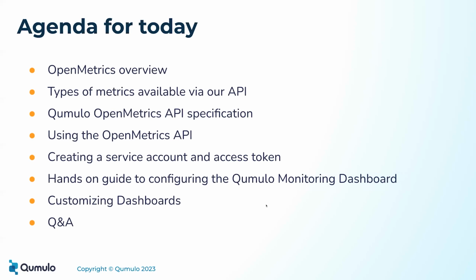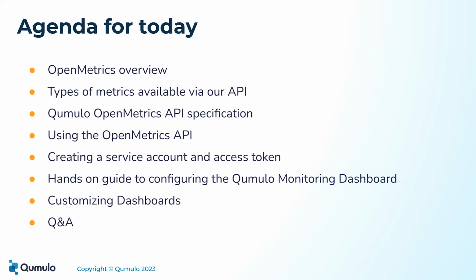So the agenda for today: we're going to give an OpenMetrics overview of what it is, what it does, and why we should care. We will talk about the types of metrics that are available via our API. We will cover some details about Qumulo's own OpenMetrics API specification, and then how to use it. We're going to create a service account and an access token so we can access this information.